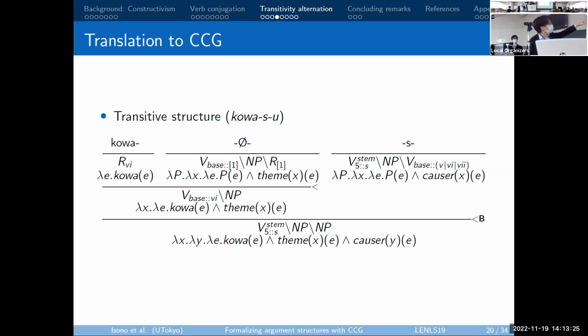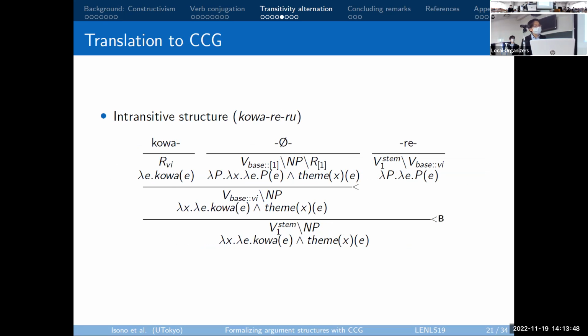And importantly, the class feature must be inherited to this entire constituent by the variable 1. And then this verb base is selected by the rightmost element, which is the active voice S. And the active voice S also introduces the external argument.